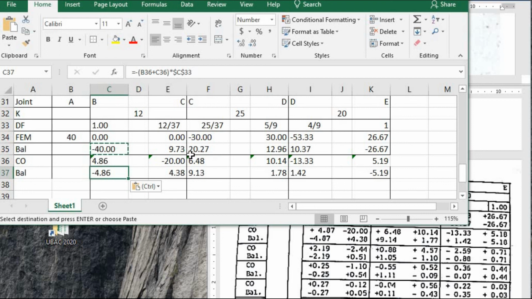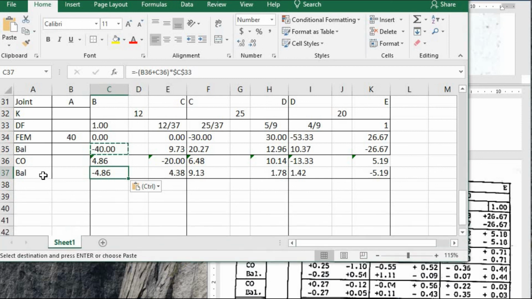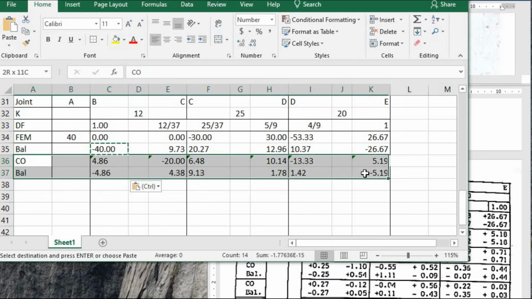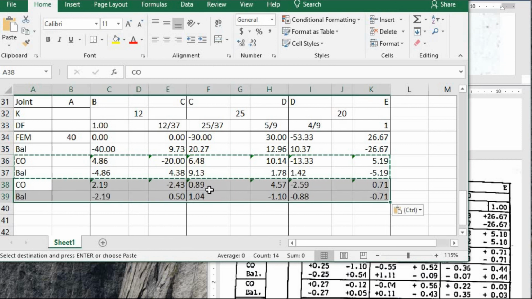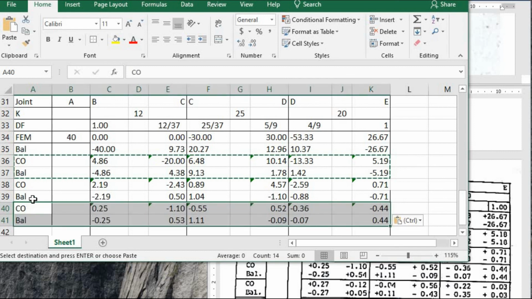And then, you will notice that they are not yet equal. Your cycle should stop when they have the same absolute values. Now, we can copy this cycle. Copy. Paste it here. It still did not balance. Then, you can paste it there again.